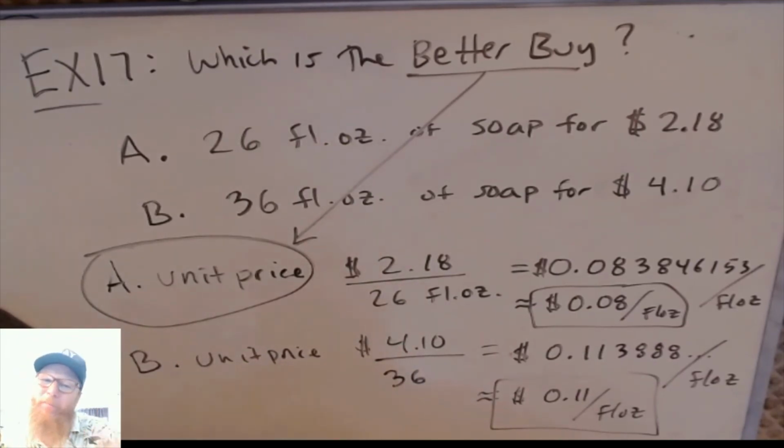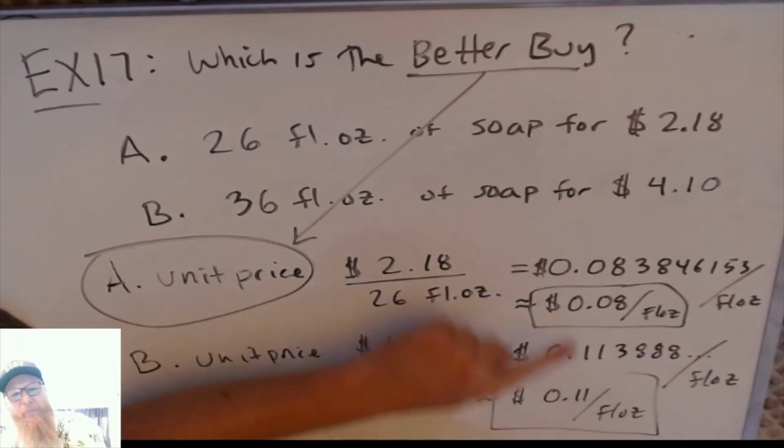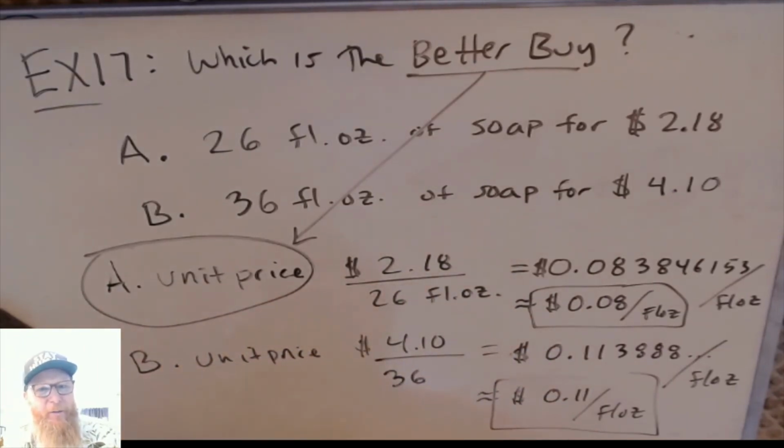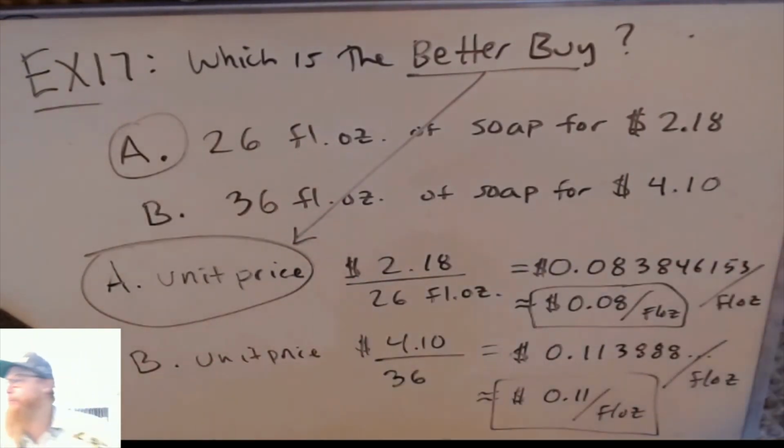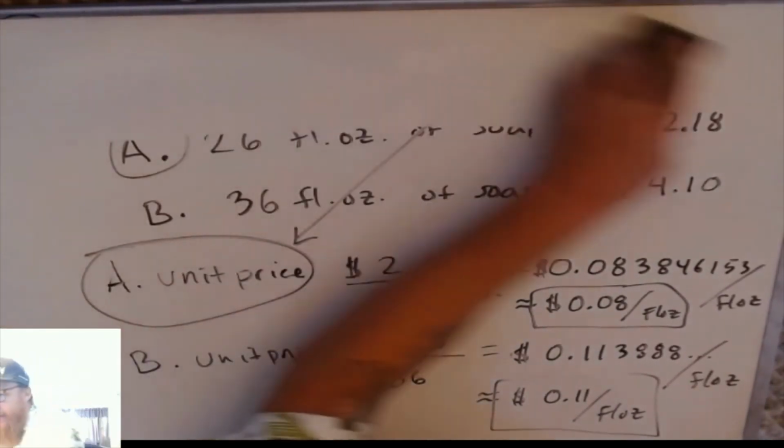Why don't I do one more just to end on a nice even number, and I'll do one where the values hopefully come out a little bit closer. Okay, this one was pretty obvious that product A was the better buy. So last example, we'll be done.